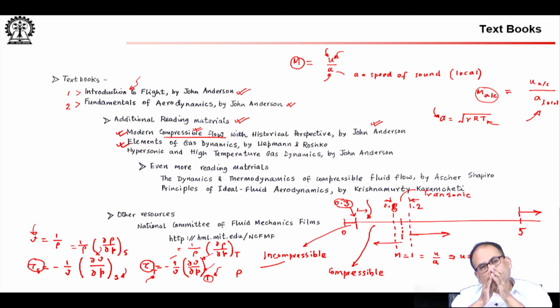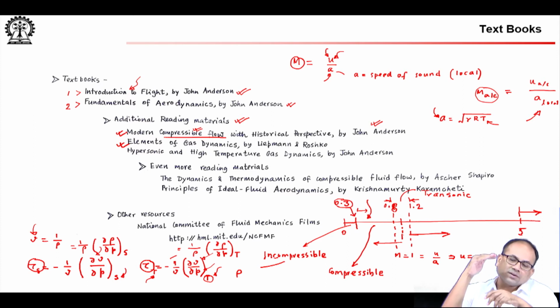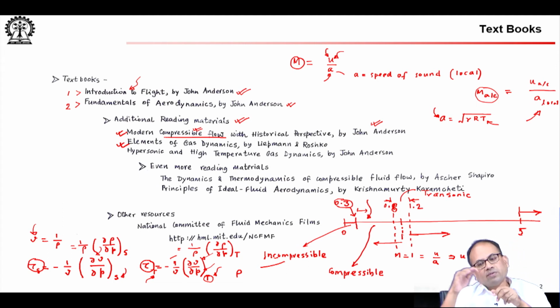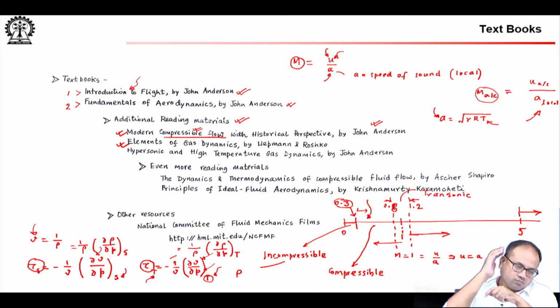But what happens is, as we keep on increasing the flow speed, or the vehicle speed with respect to the flow, say we are moving at a certain altitude, our temperature is fixed, so the velocity of sound is fixed, and your vehicle is flying at a certain speed, and we are gradually increasing that speed. So, your U by A ratio will start increasing, because your A is constant, because the height we have kept fixed.